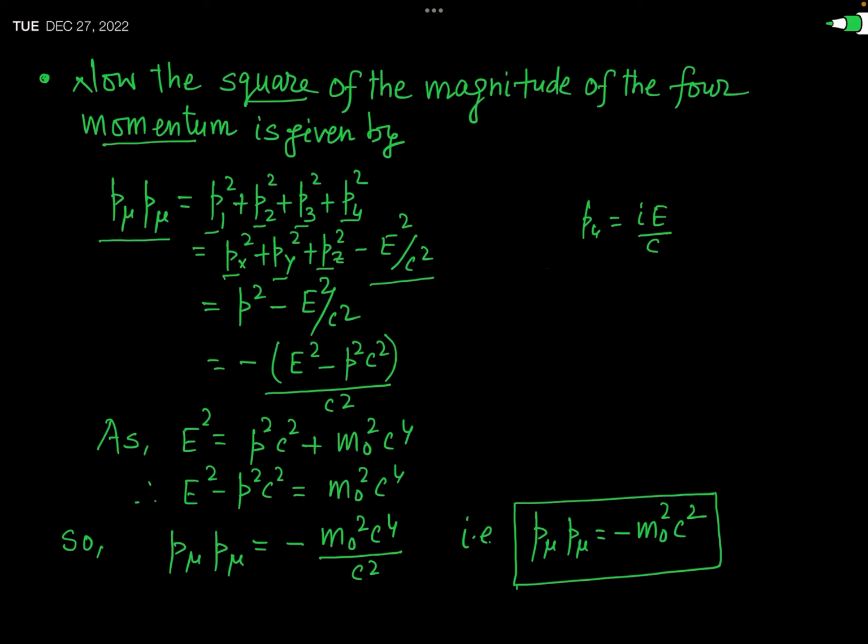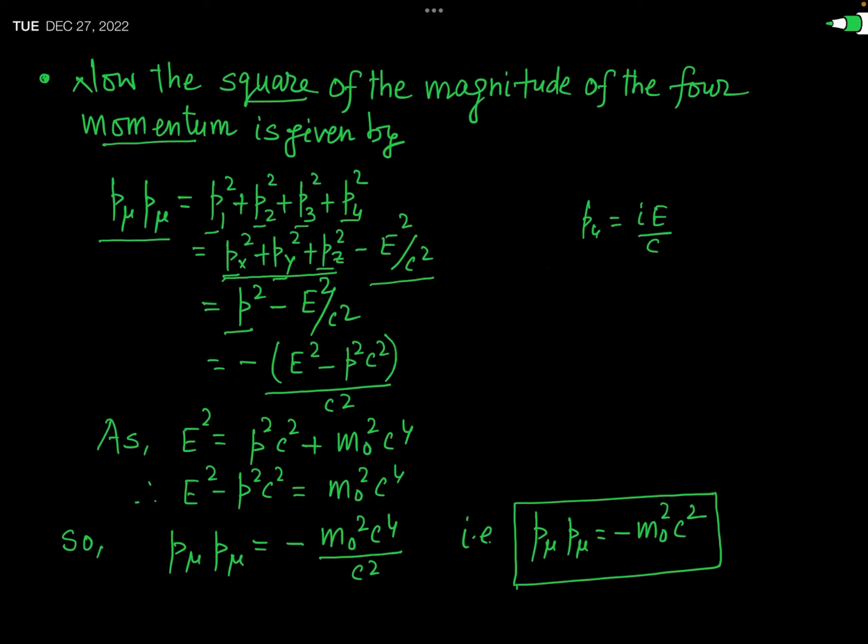Now you know that Px, Py, Pz are the x, y and z components of a three-dimensional momentum vector in 3D space. So the sum Px square plus Py square plus Pz square will be equal to P square. This is actually the square of the magnitude of the resultant linear momentum vector in 3D space.